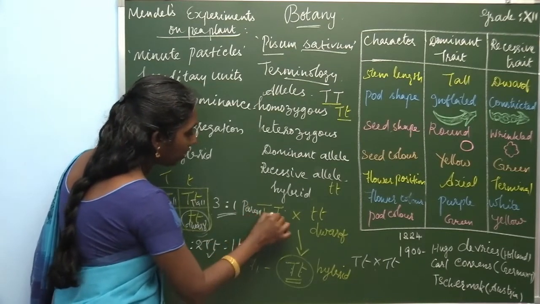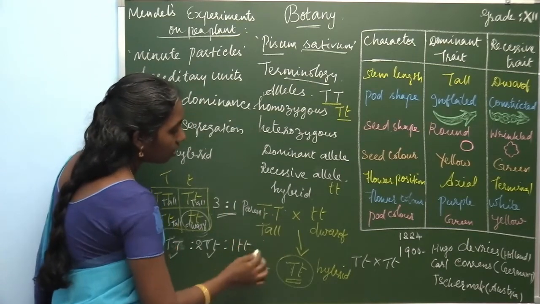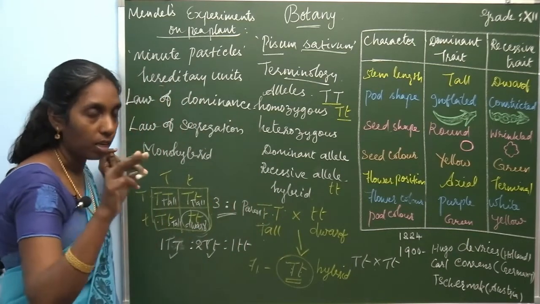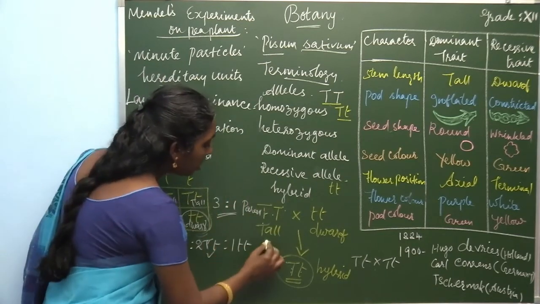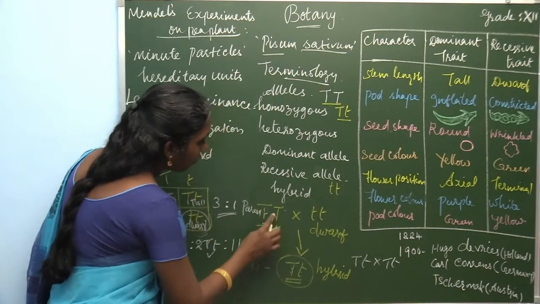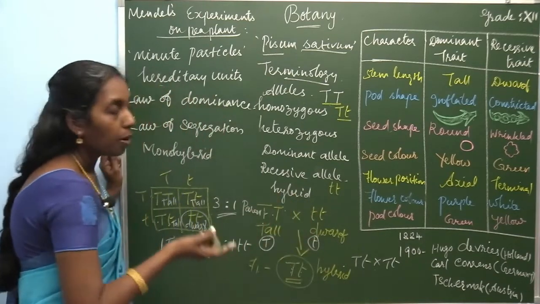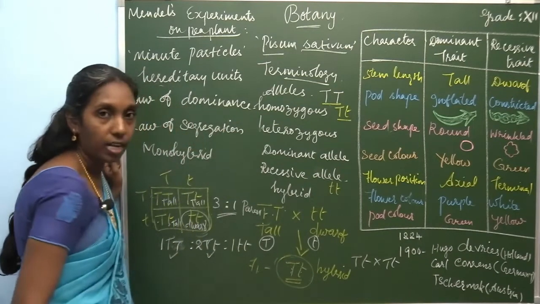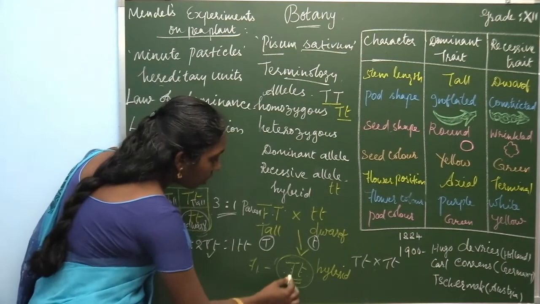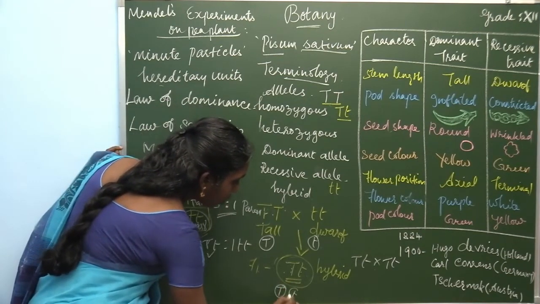In this capital T, there are two similar alleles, so capital T, here one gamete, and here small t is the gamete. But in this allele, capital T small t, what are the gametes available? Capital T and small t.